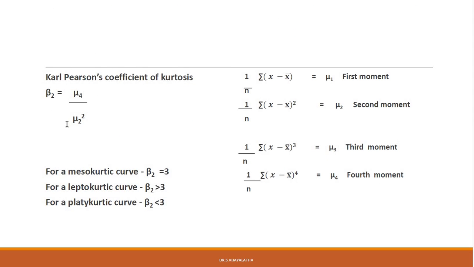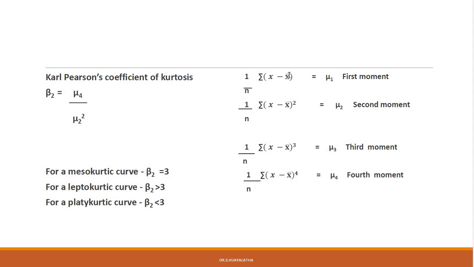Measure of kurtosis given by Karl Pearson's formula is mu4 by mu2 square, where mu refers to the moment, and the moment is calculated using the formula 1 by n into sigma x minus x bar. It is evident, like we did in the case of standard deviation, the same procedure we have to follow here.